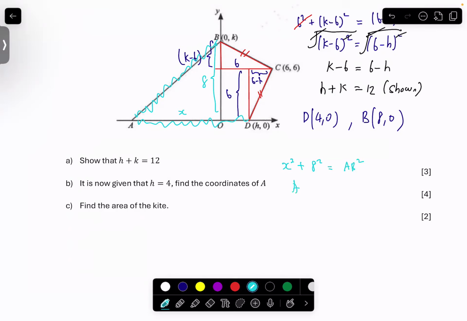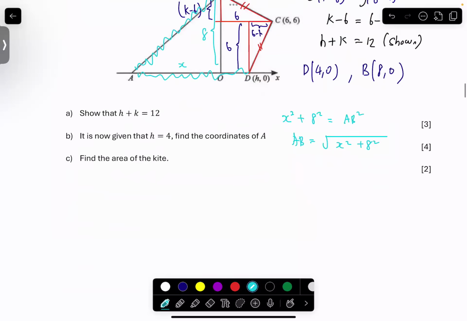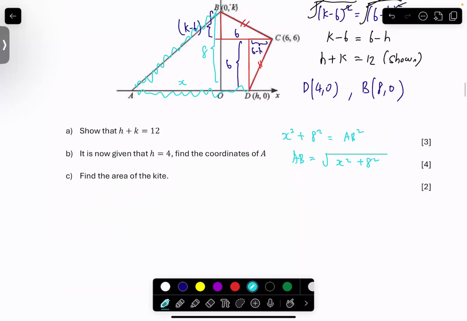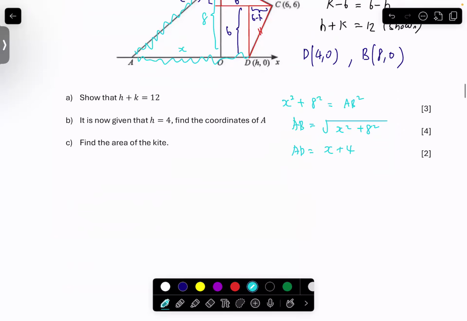So AB is equal to the square root of x squared plus 8 squared. If AO is equal to x, then AD will be equal to x plus 4.